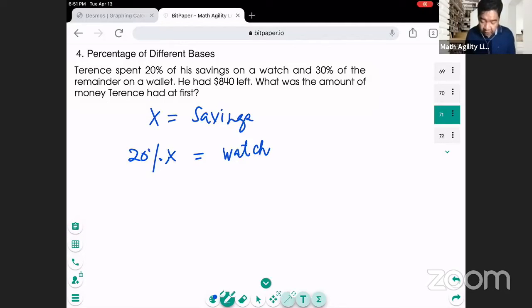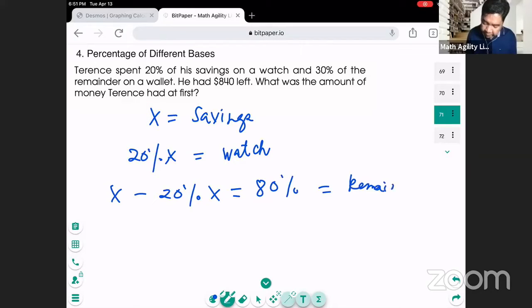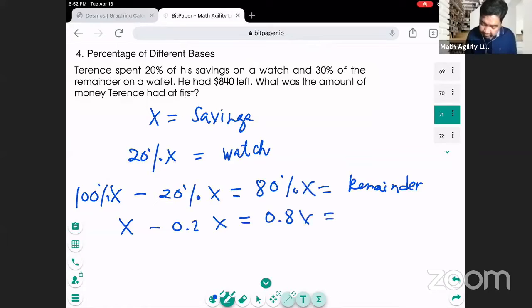So what is the remainder of this? So X minus 20% of X would be 80% of X, right? So this is the remainder because this is 100% initially. So if you want X minus 0.2 in decimal form, this is 0.8X, right? So this is the remainder.